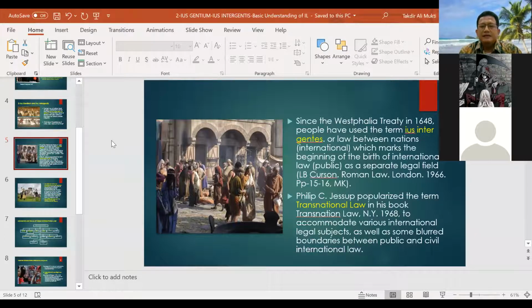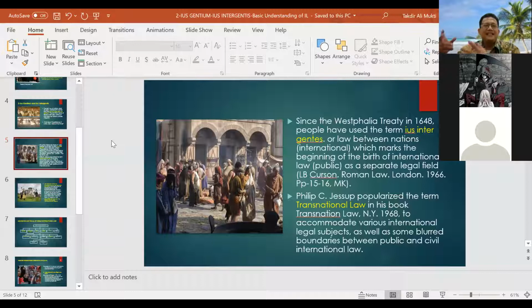Because of the financial capacity and human resources in the VOC, they had strong and powerful capacity to not only manage overseas business, but also to manage a territory. So all of the Indonesian region today is really a heritage from the VOC.